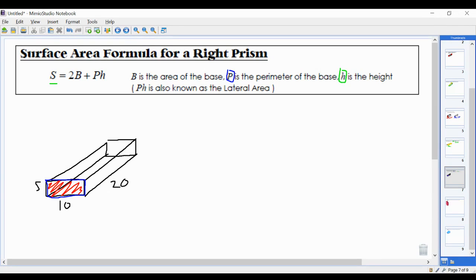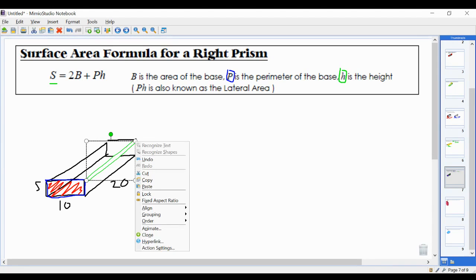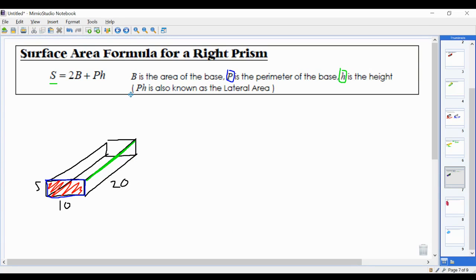H is that distance between them. That's H. So there's H. I'll just label that right there.